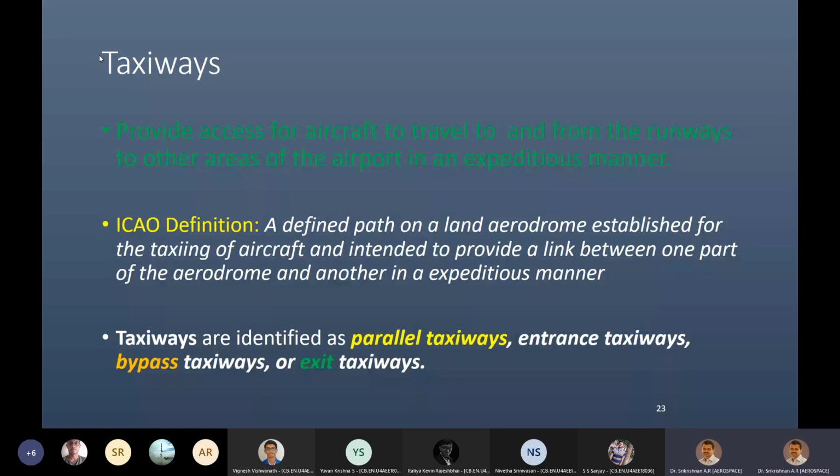The names are self-explanatory, but we will see what they are along with some pictures, as well as try to understand the specific purpose of each of them.